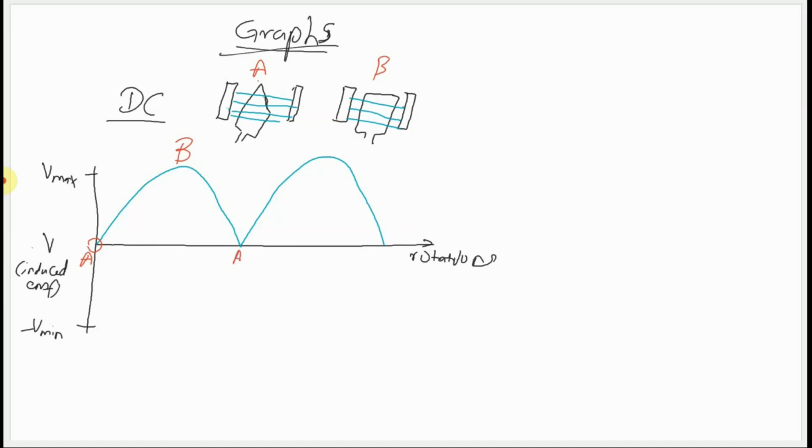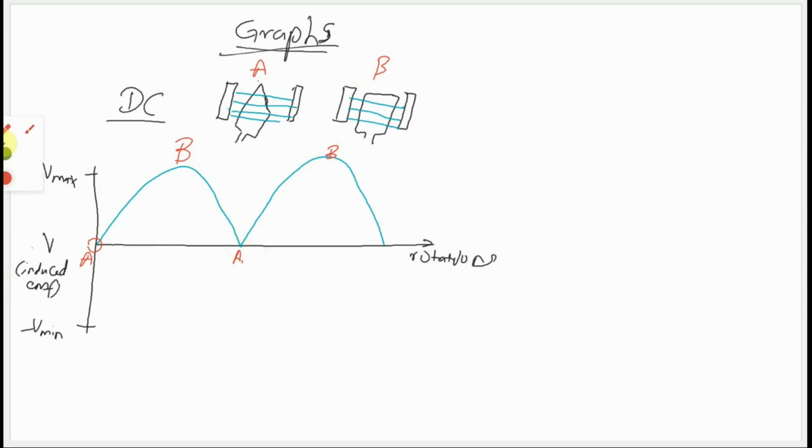When it goes back to vertical, we go back to A, but remember the sides of the wire will be in a different position as a result. Here I'm indicating that the position is vertical, and when we come to B, at the top maximum, the position is horizontal.